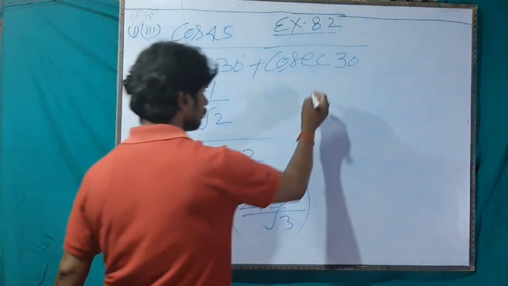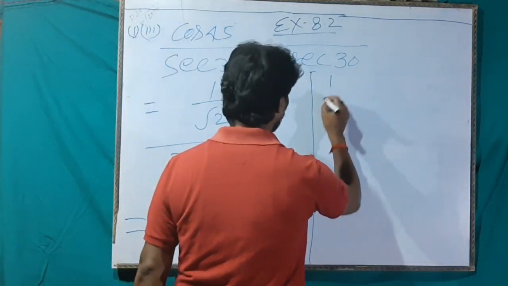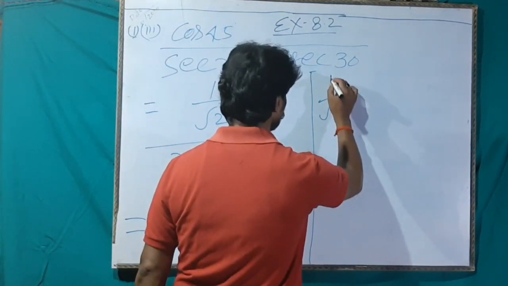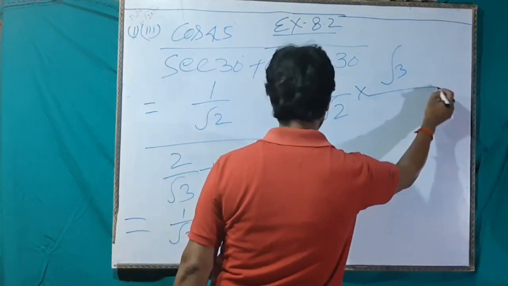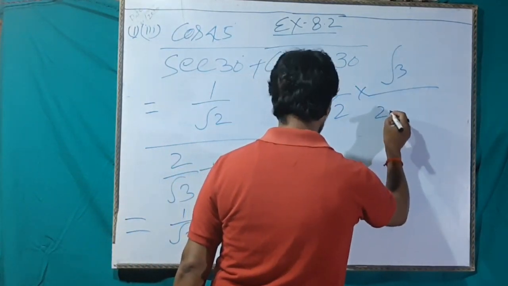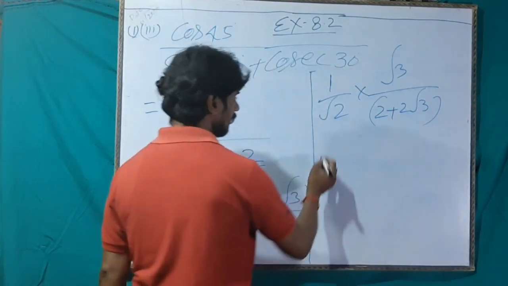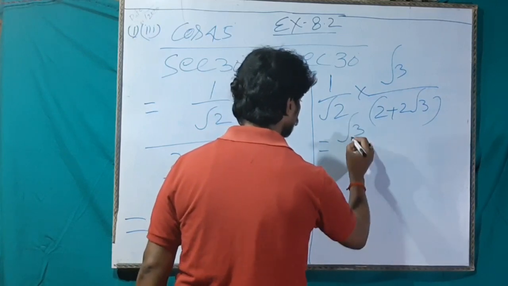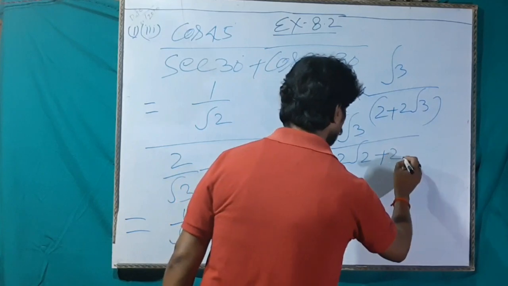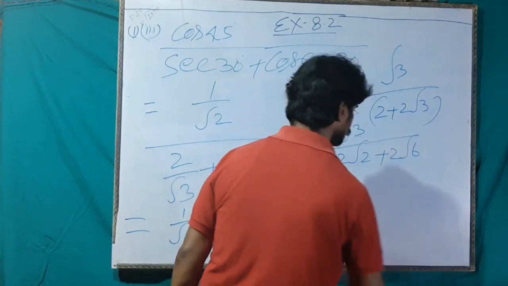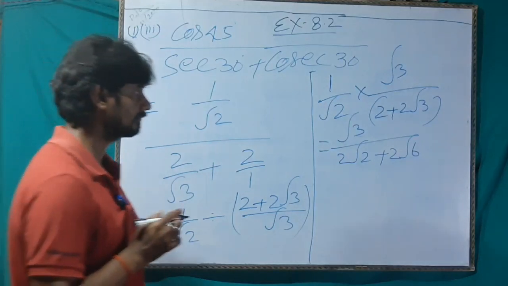After that, 1 by root 2 multiplied by root 3 by 2 plus 2 root 3. When we multiply it, we will get root 3 by 2 root 2 plus 2 root 6. Now we will rationalize this.